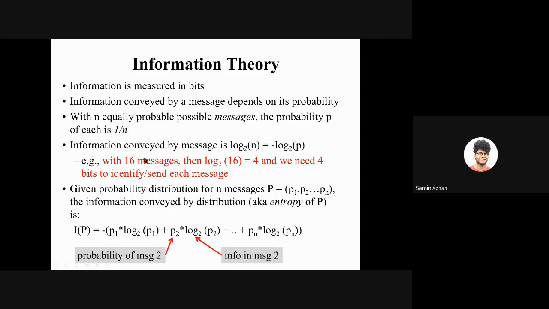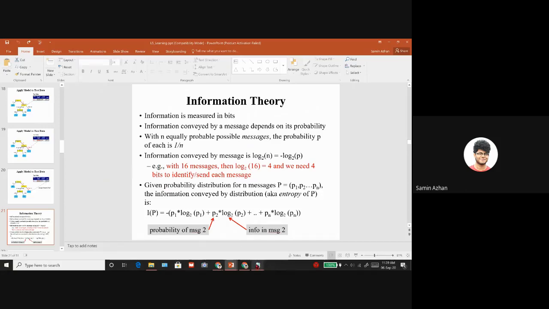On the next point, it says that information conveyed by a message is log base 2 n, and this is equal to minus log base 2 p. And this is an example given. Let me give you an example how this works.